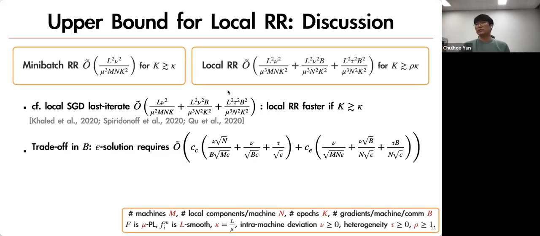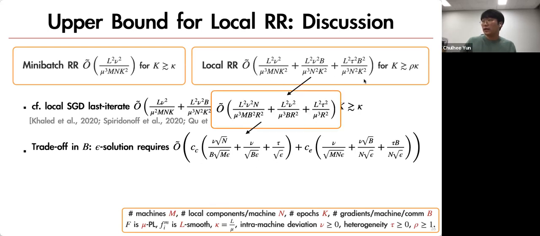And we can note that there's a trade-off in B in the case of local random reshuffling. The C sub C here is the cost of a single communication round, and C sub E here is the cost of gradient computation over one epoch. So the terms inside this complexity are obtained by converting this bound into one in R, the number of communication rounds, and then applying the standard conversion.